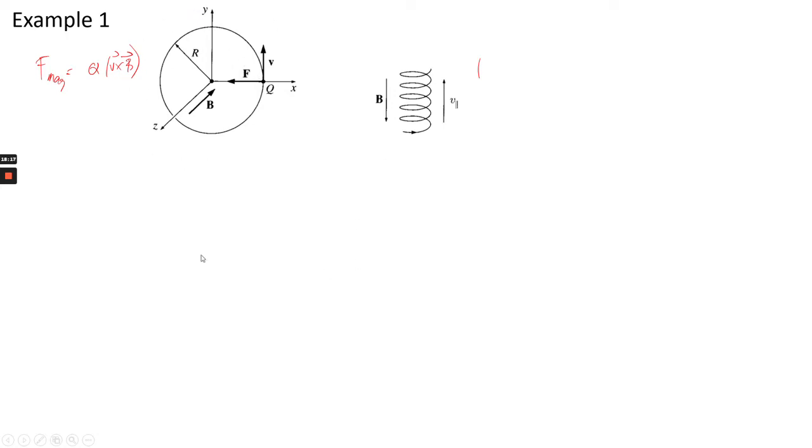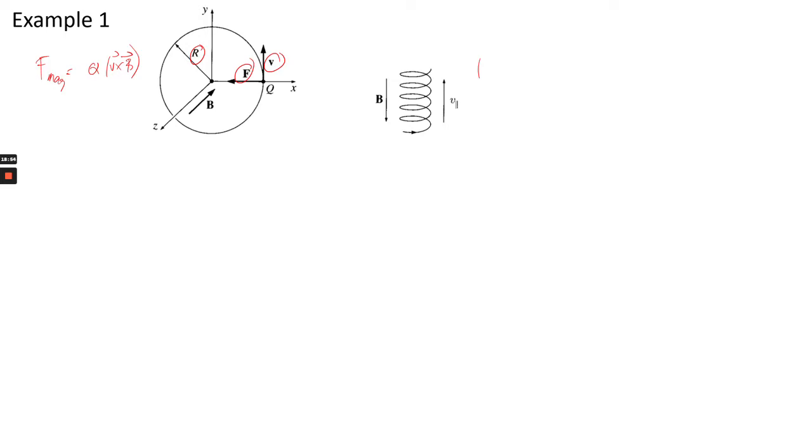As you can see in this figure, you have a constant magnetic field pointing onto the page, and the charge Q moves counterclockwise with speed V around a circle of radius r, and the magnetic force is pointing inward, and for this case it has a fixed momentum.